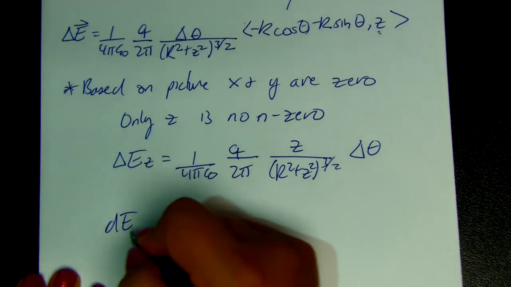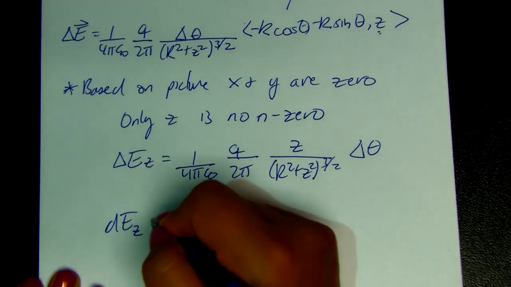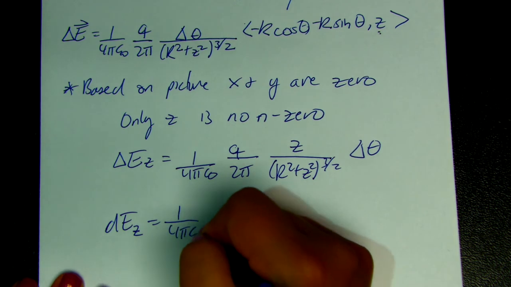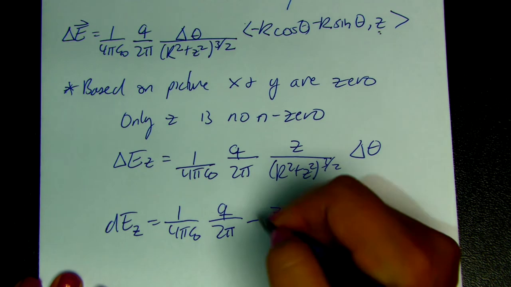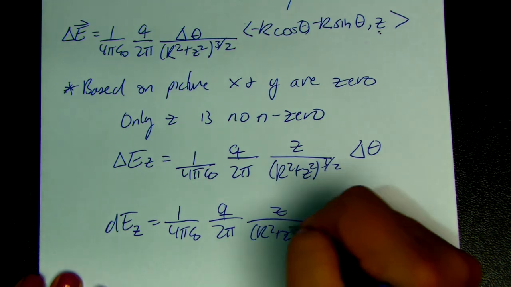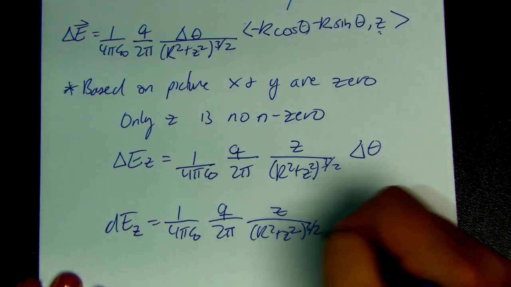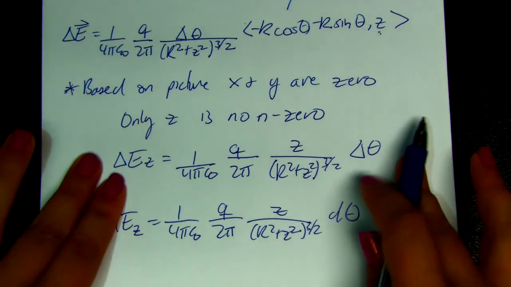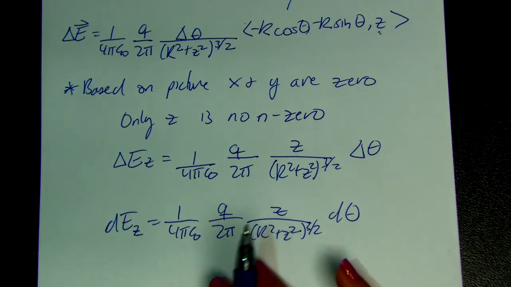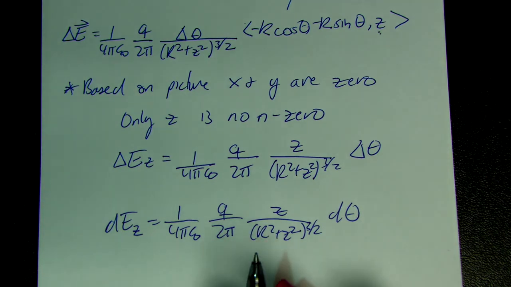So dEz is equal to 1 over 4 pi epsilon naught q over 2 pi z over r squared plus z squared to the 3/2 d theta. And by the way, in general, you would just need to stop here. This is your expression, you're done. Then you can just jump right to the solution.